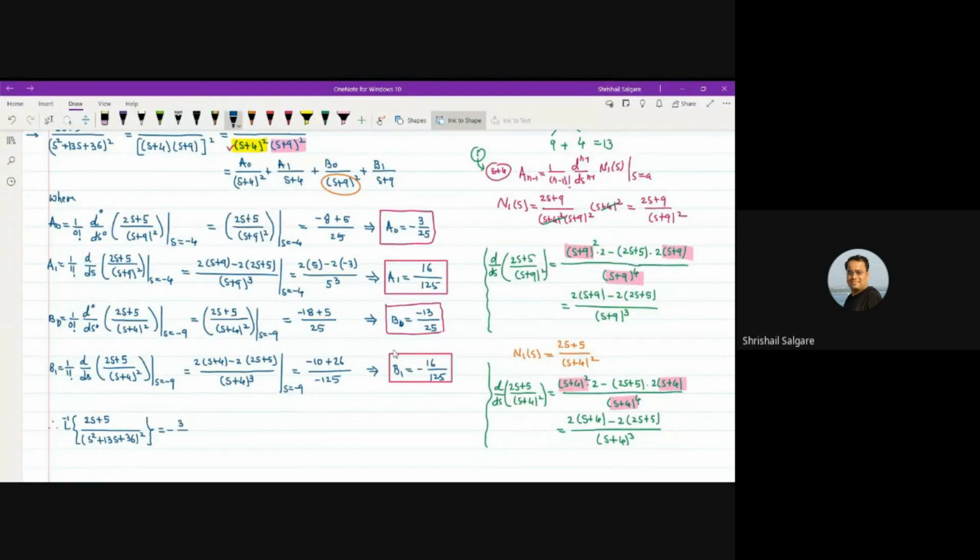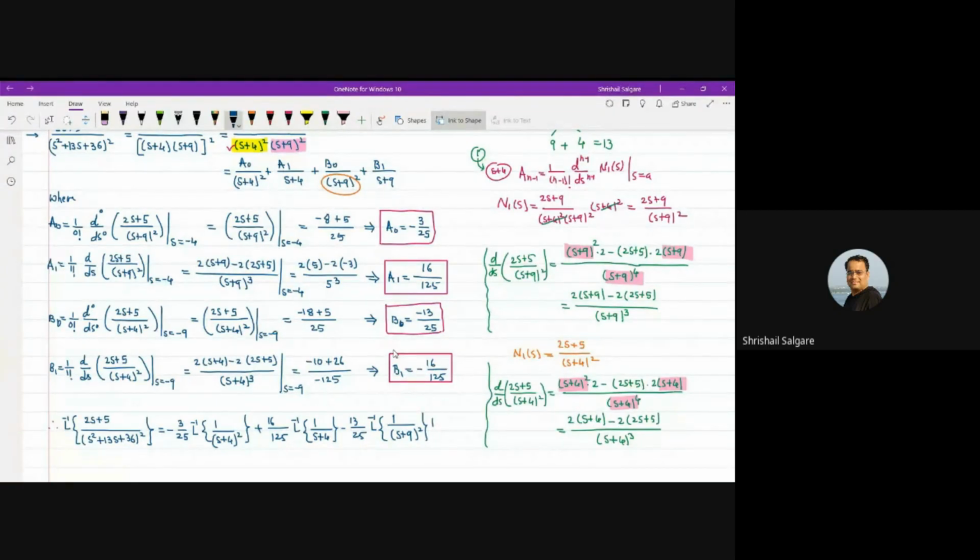Minus 3 upon 25 into L inverse of 1 upon s plus 4 bracket square, first term, plus 16 upon 125 into L inverse of 1 upon s plus 4, minus 13 upon 25 into L inverse of 1 upon s plus 9 bracket square.